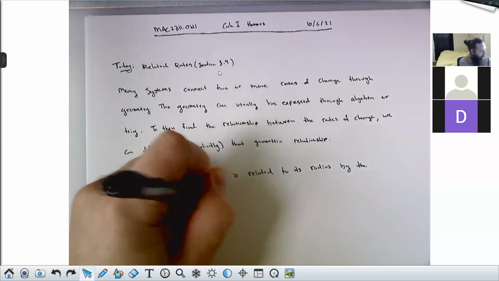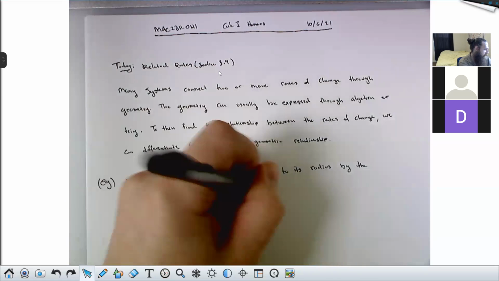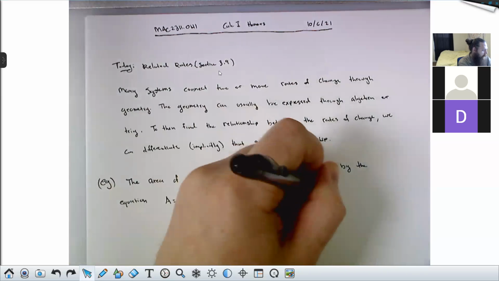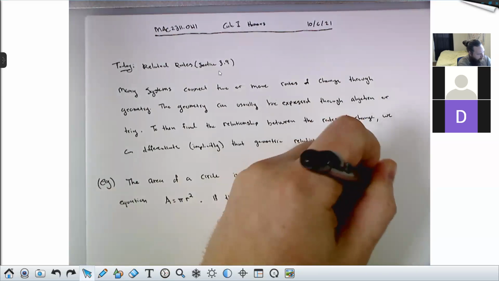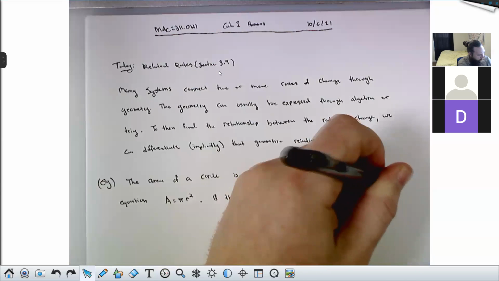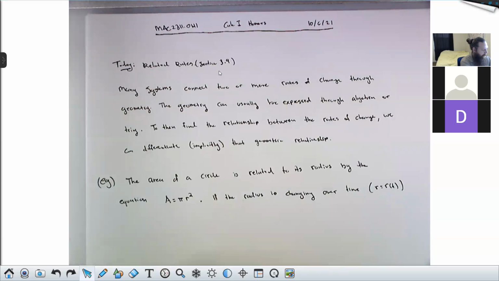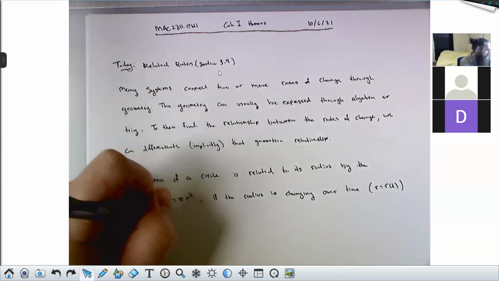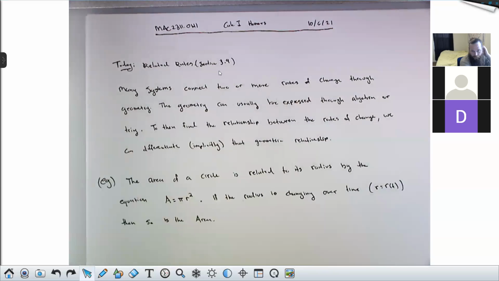If the radius is changing over time, so like r is secretly r of t, a function of time, then so is the area, right? If you change the radius, the area will change.